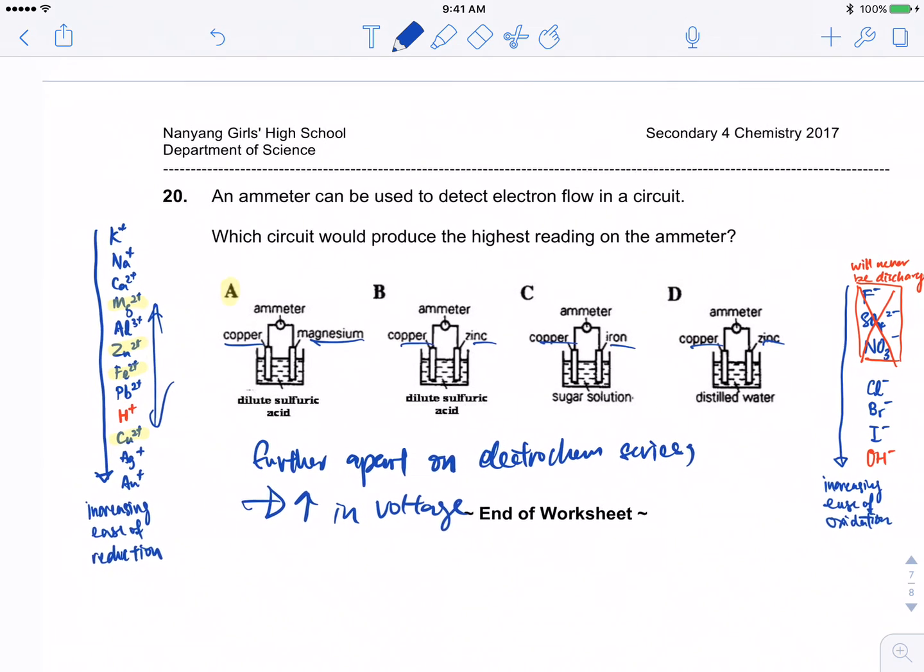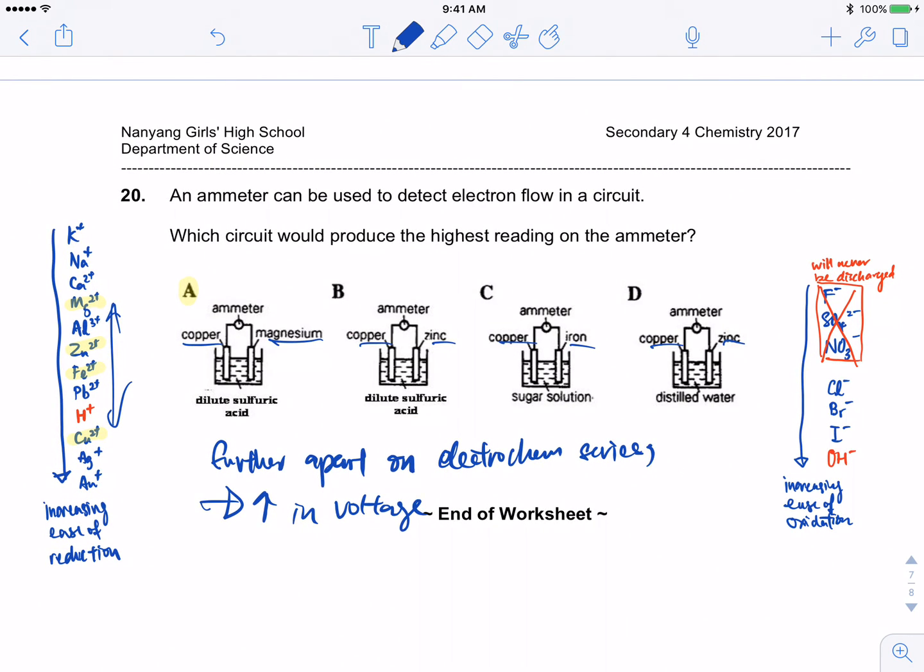So we choose A. Yeah, and if you compare the electrolyte, you can see that since this one has ions, H+ and SO4 2-, these two are better conductors than your sugar solution and your distilled water. Okay, so that's all. Answer will be A. If you have any question, please comment in the Google Classroom post and I'll try to answer it. Thank you.